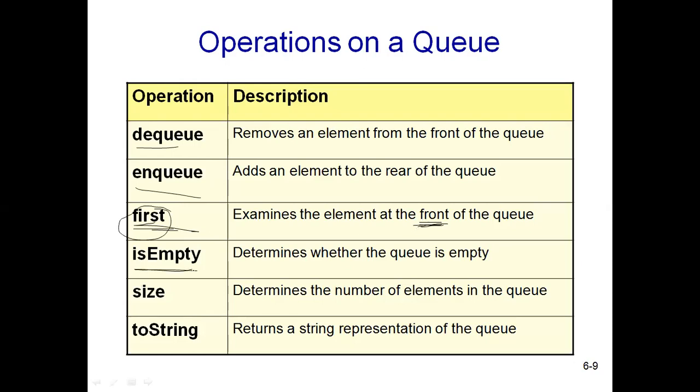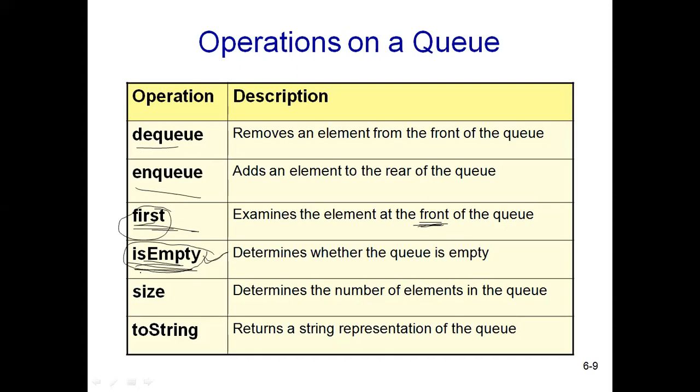Next is empty, which we already know. It checks whether the queue is empty or not. Initially the queue is always empty. When we insert elements into the queue, the size of the queue increases. But sometimes the queue is empty and you still try to remove an element. In that case the operation will fail and raise an exception. So to handle that exception we use this function. Is empty checks whether the queue is empty.